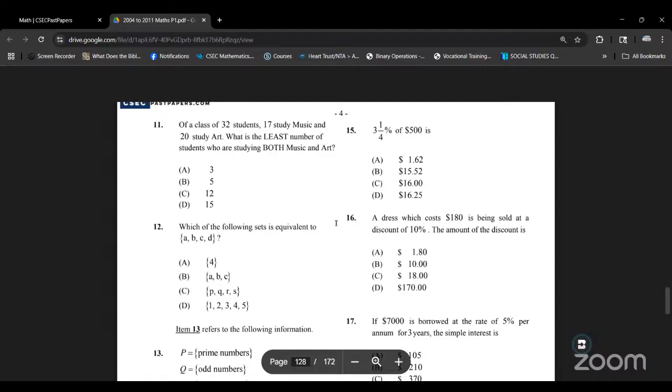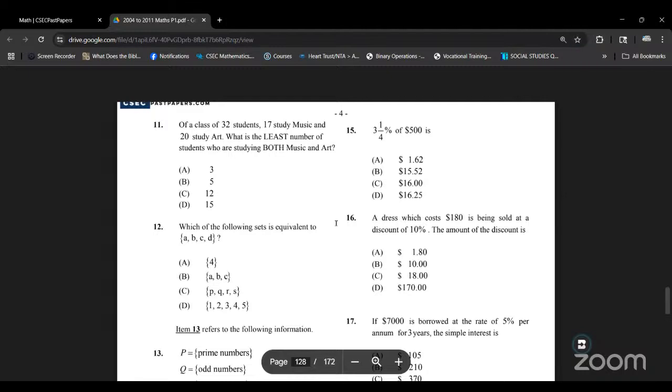A class of 23 students. 17 study music. Then 20 study art.